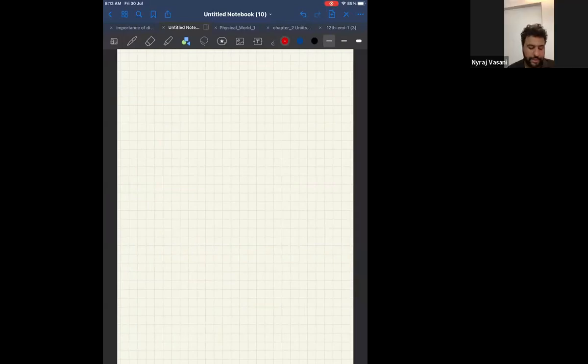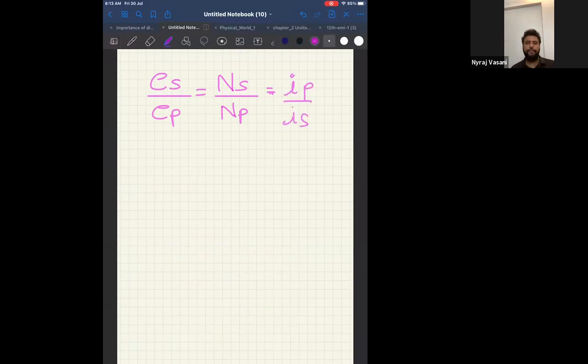Now I know the equation that I have. It is ES by EP is equal to NS by NP is equal to IP by IS. Correct? This is the complete equation of a transformer. Now they're saying the voltage in the secondary, that is ES, does not depend on the voltage of the primary.